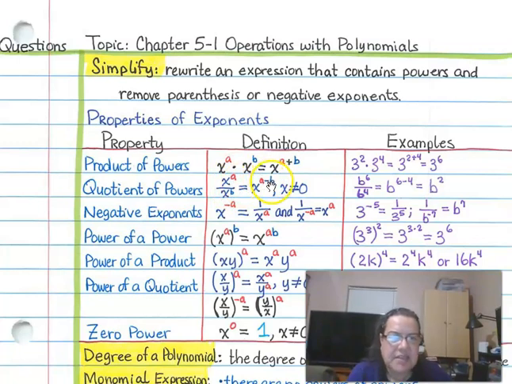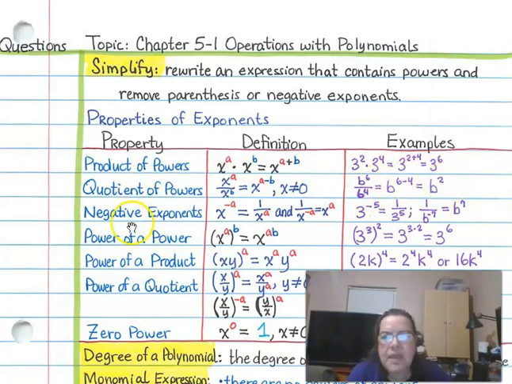What does that look like as an example? What if I have b to the 6th power divided by b to the 4th power? You keep the base, the b, and you just subtract 6 minus 4. So when you multiply, you add. When you divide, you subtract. And so 6 minus 4, you get b2.